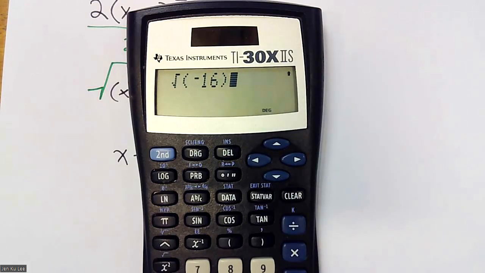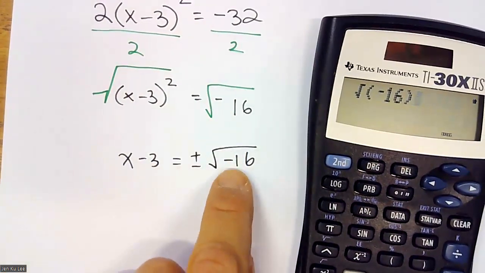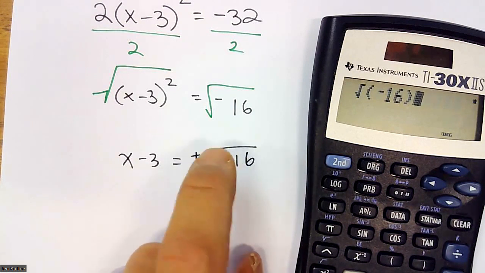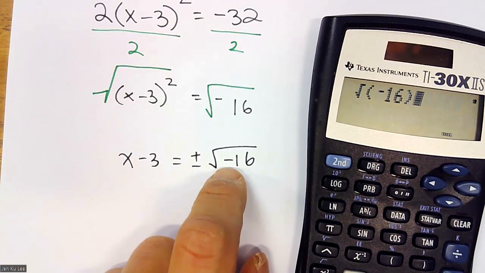Something along those lines, squared and square roots. Is there any number that, if it's multiplied by itself, gets me a negative? No. Right? There's no number, because a negative times a negative is a positive, right?